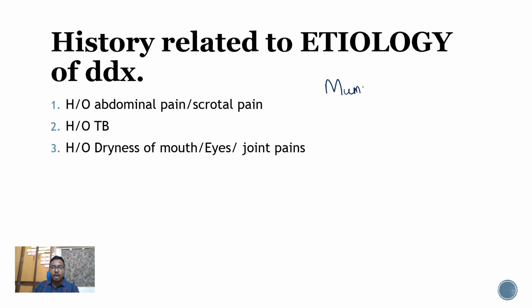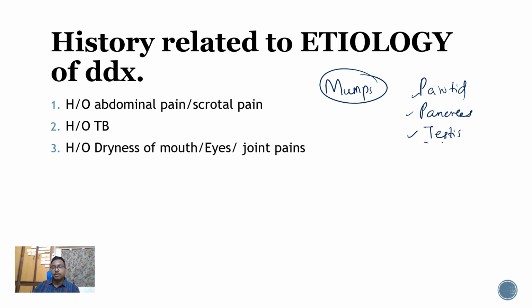So whenever you have got mumps, especially in male patients, three important P's we need to understand, or three important clinical features we need to understand is, one is parotid, second one is pancreas, last one is testis, or even epididymis also. Okay, so these three organs are mainly involved in mumps. So mumps usually cause bilateral parotitis. So along with the parotid swelling, is there any associated abdominal pain to rule out pancreatitis? Whether there is an associated scrotal pain to rule out epididymo-orchitis, especially orchitis is more important in mumps.